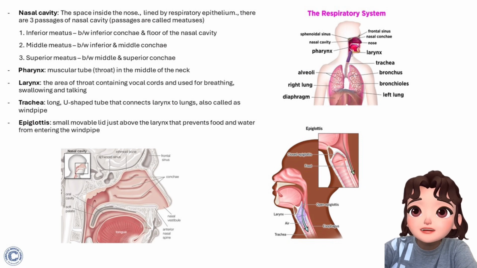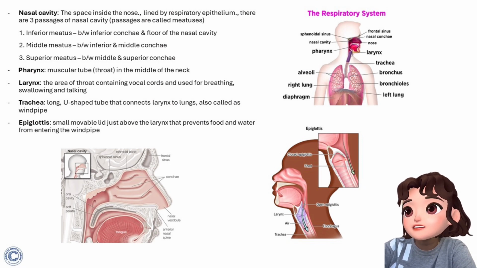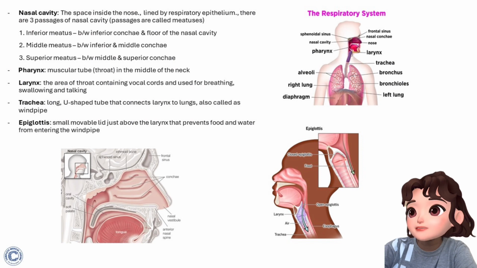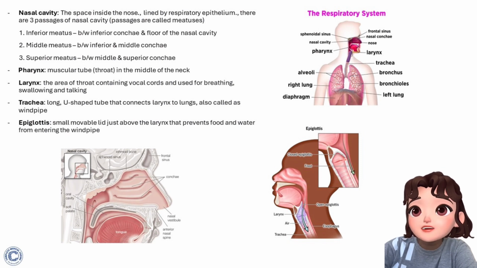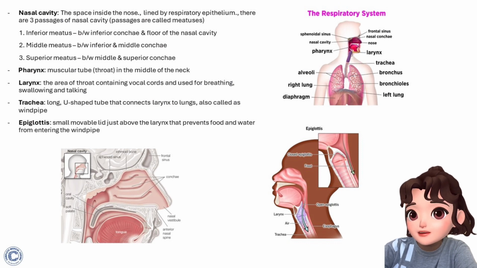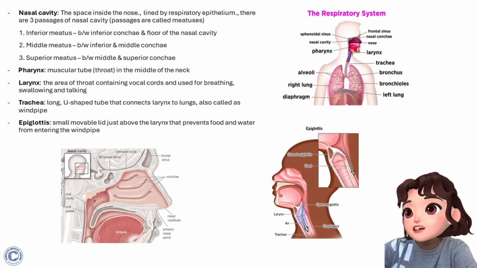Now the epiglottis. This is the main important part in the respiratory system. You can expect a question from this. The epiglottis is a small movable lid just above the larynx that prevents food and water from entering the windpipe. That is the main function of the epiglottis. You can see in the picture of the epiglottis, I had mentioned it there.